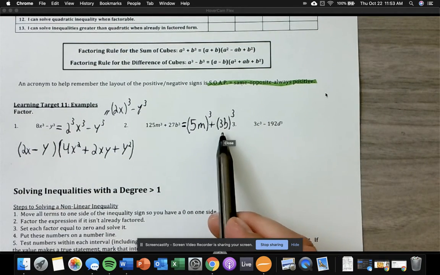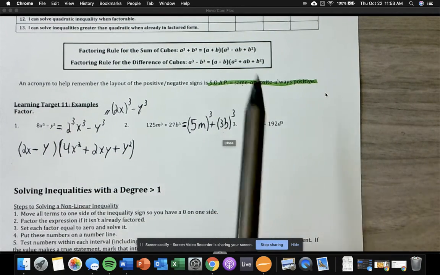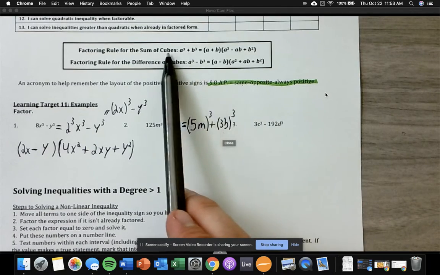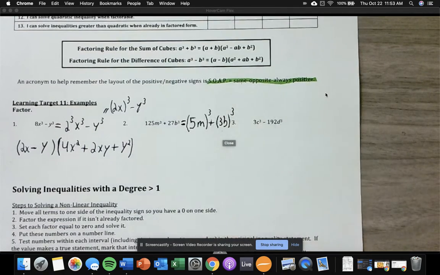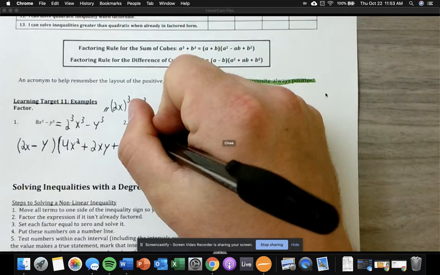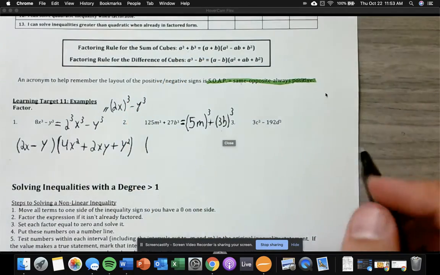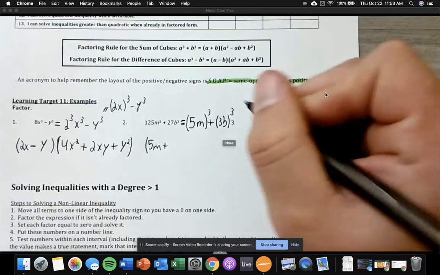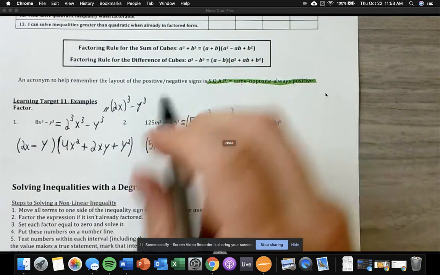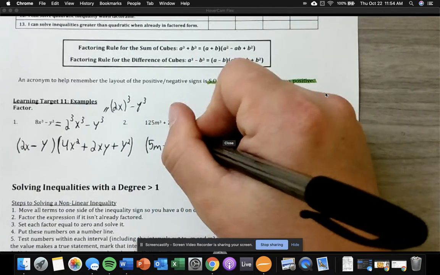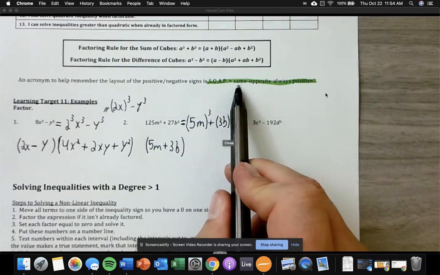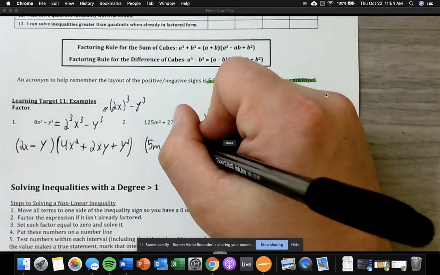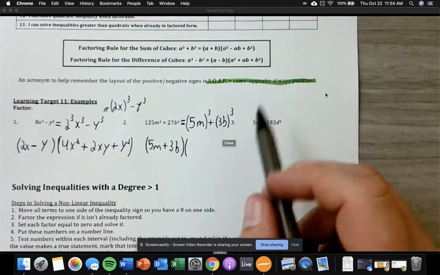So we have our a, we have our b, and now we can just rewrite it using the rules for the sum of cubes. First, we write a plus b, which is going to be 5m plus 3b. Remember, the first one's always the same. Then it's going to be opposites.